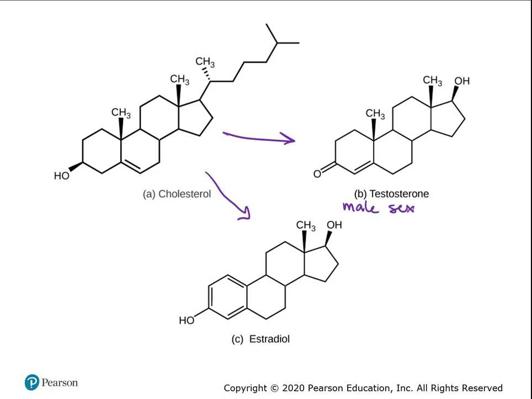Testosterone secretion increases at puberty, and it causes body hair, facial hair, it causes the skin to get thicker, it causes the larynx to enlarge so the Adam's apple gets bigger. Testosterone increases the amount of growth hormone and growth that occurs and doesn't close the growth plates very quickly.